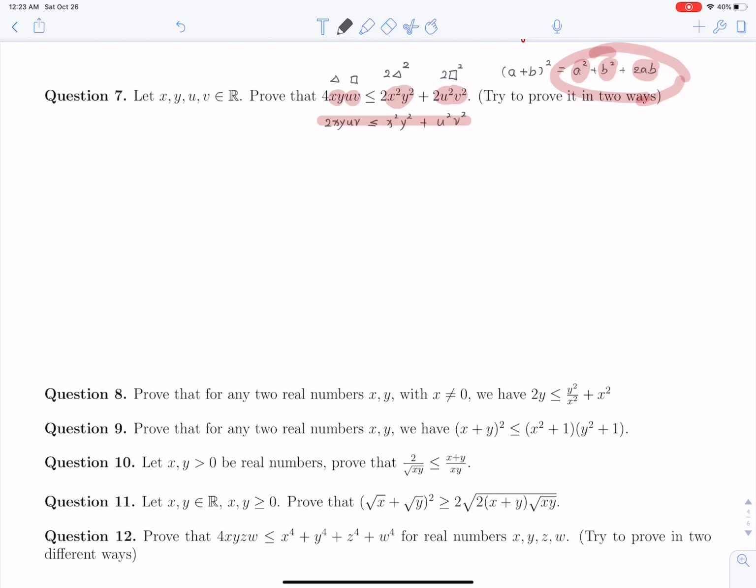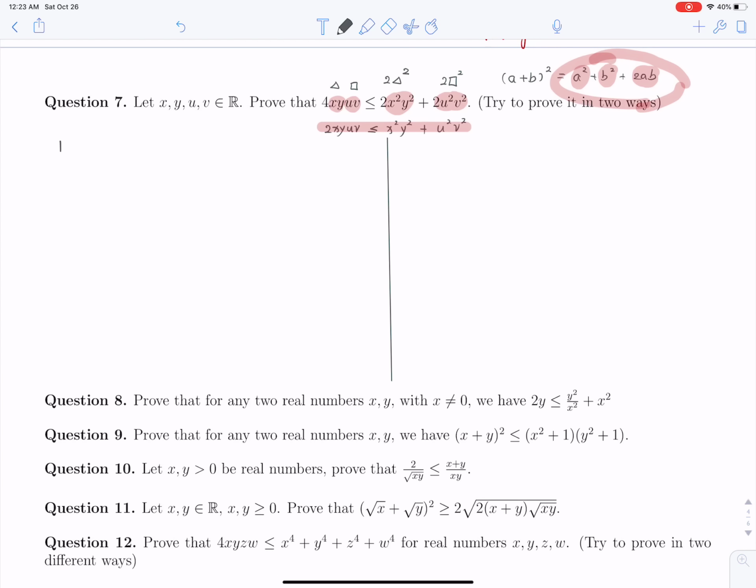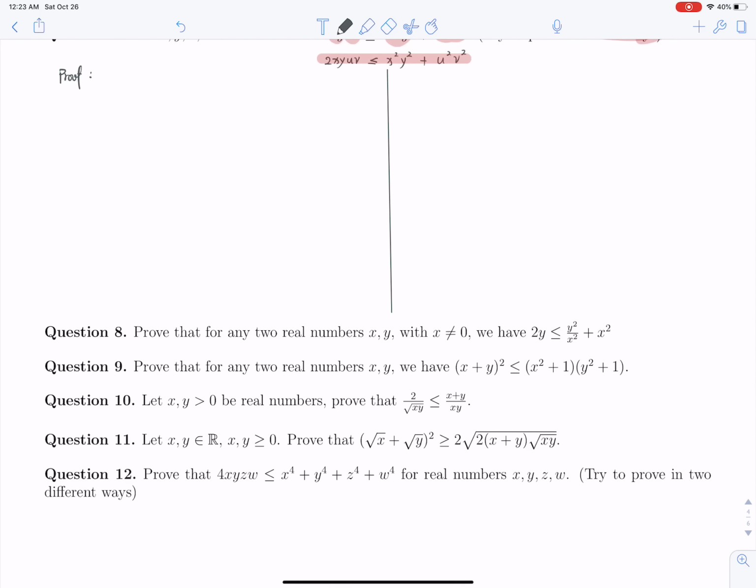Let's do it in the high school way. I actually prefer this high school way over AM-GM, because sometimes AM-GM makes things kind of complicated, so I don't like it that much. But sometimes you have to use it.